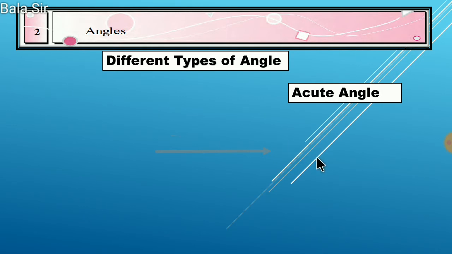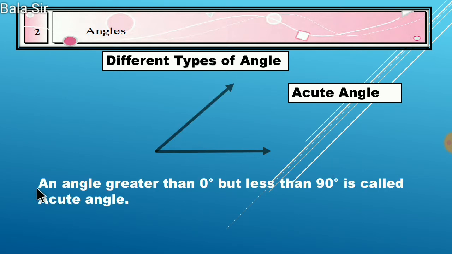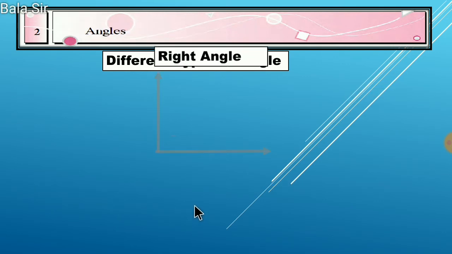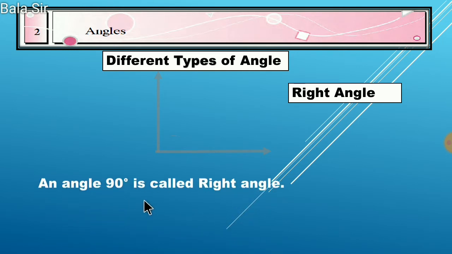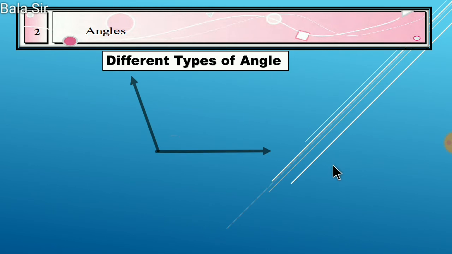Acute angle. An acute angle is less than 90 degrees. An angle greater than 0 degrees but less than 90 degrees is called an acute angle. Right angle. An angle which is 90 degrees is called a right angle.